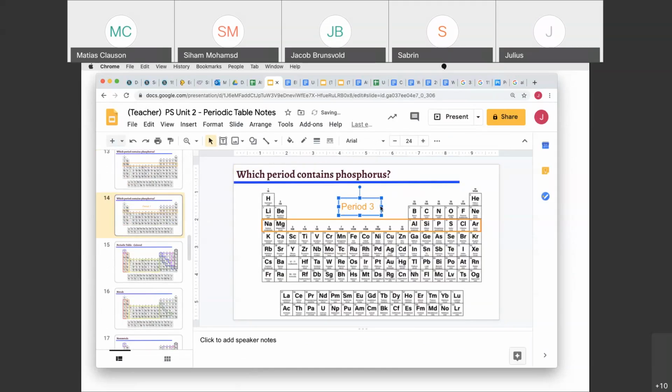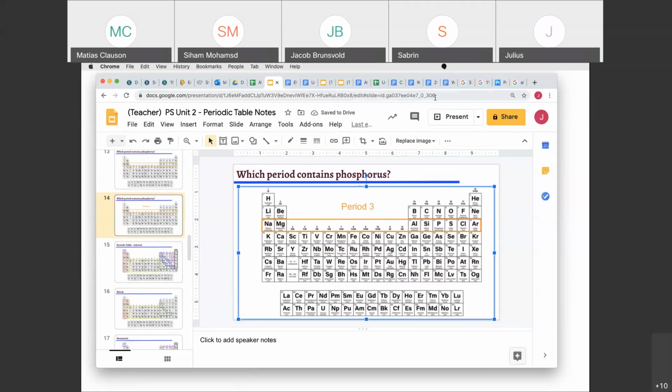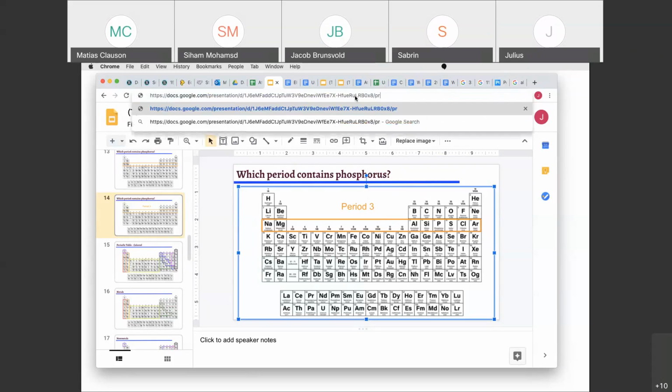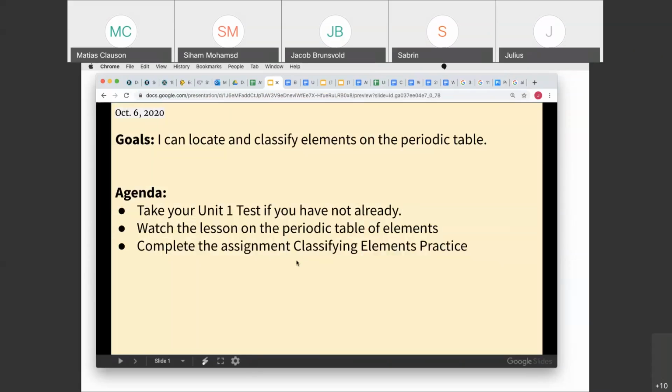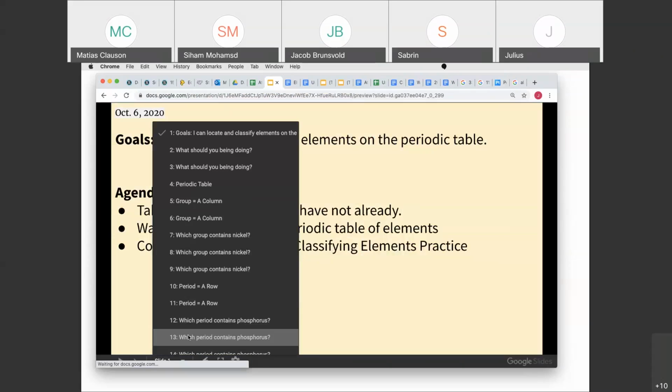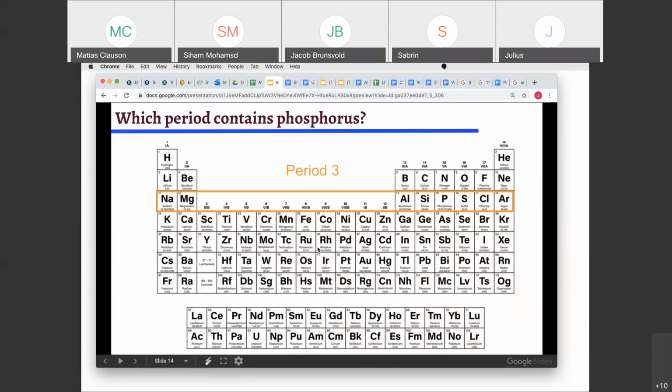Okay. Let me go back into present mode. We're going to be on slide 14. Good. So that's phosphorus. It's in period 3.